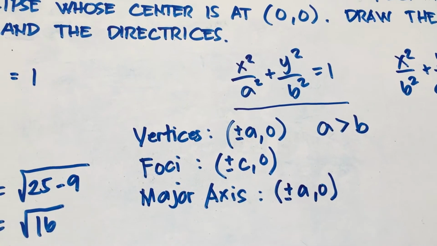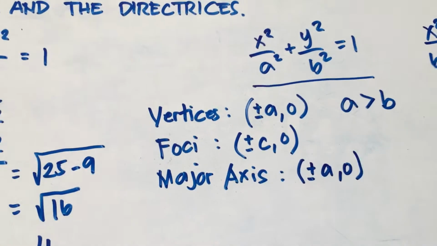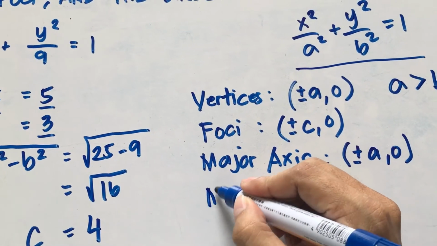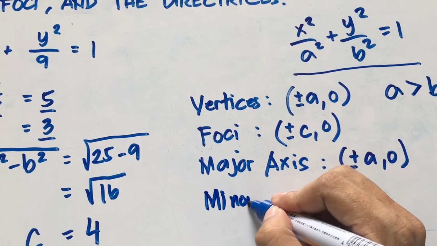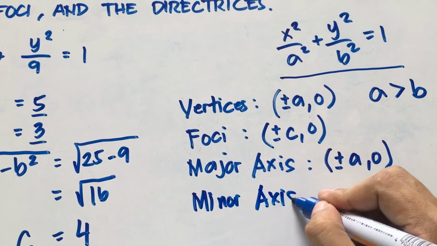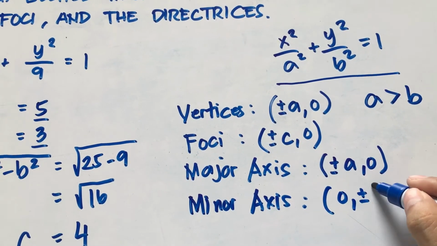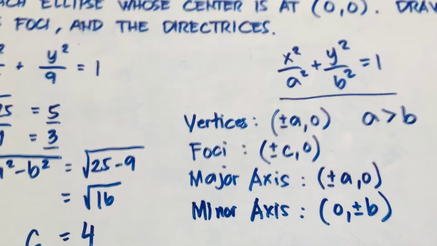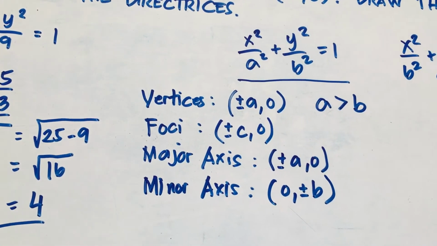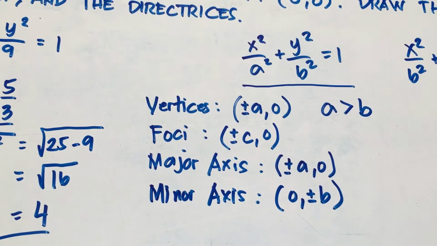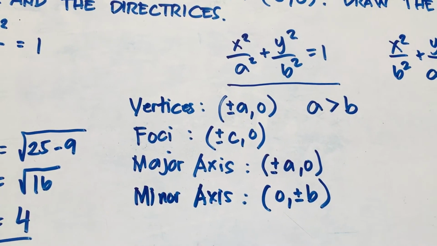Now what about the minor axis? To solve for the minor axis, that is 0, plus and minus b. So please take note of these things. Before we can graph the ellipse, we need these formulas.